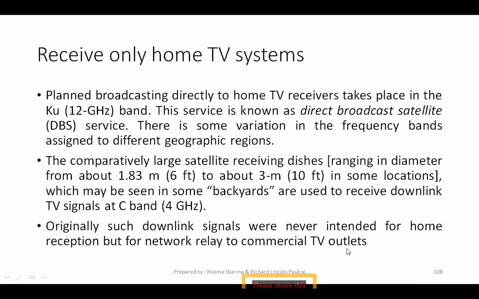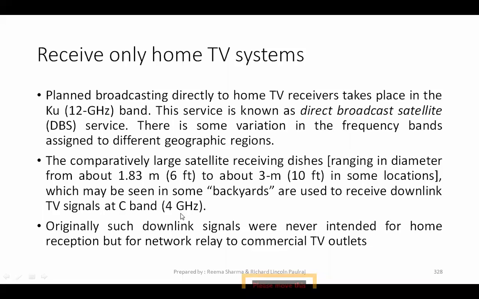So if you can remember, previously we used to use cable connections, and those big dish antennas used to be on that cable provider's terrace, right? You all recall that? Yes, sir. So from there, those frequencies, this 4 gigahertz that you see, used to be down converted and distributed to all the houses nearby, right?